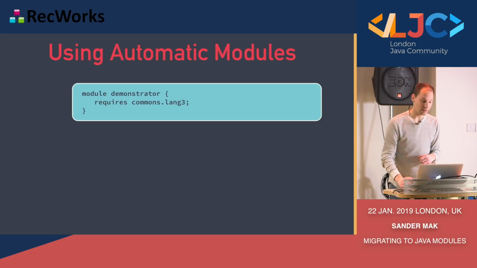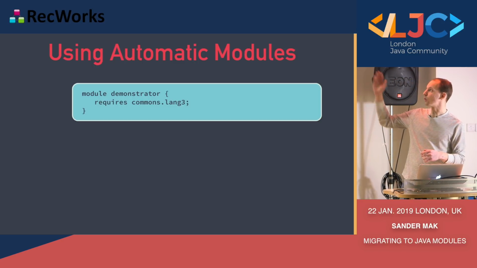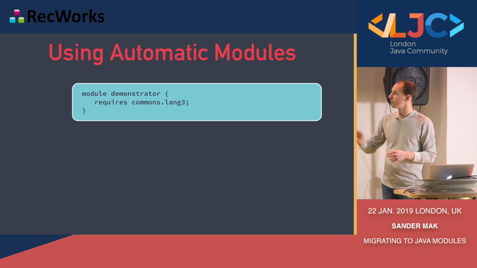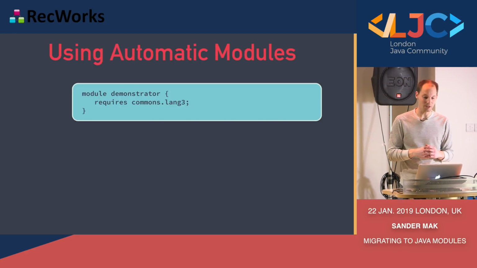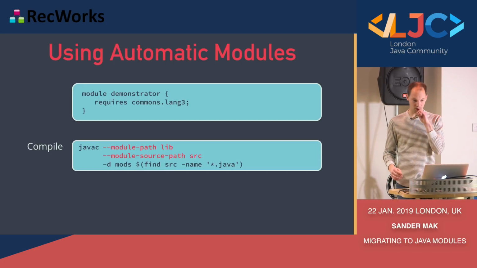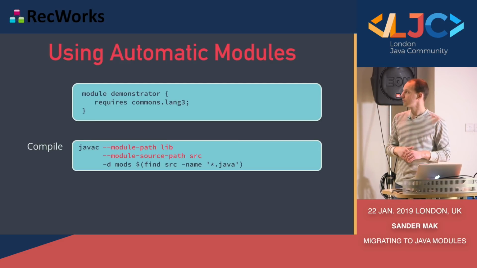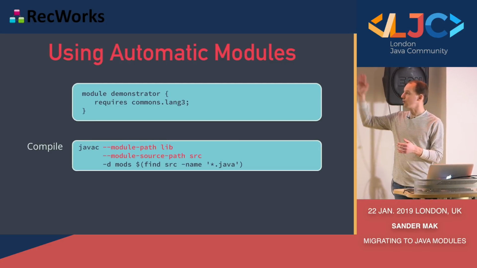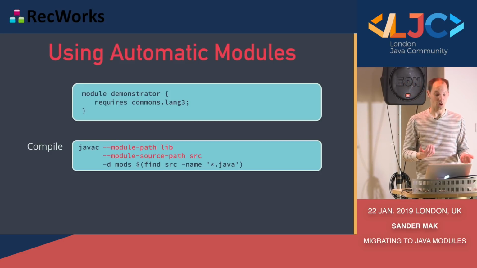So what would this look like in the simple example? Well, we could create a module descriptor with module demonstrator. It requires commons.lang3, which is derived from the jar file name in this case. And we can now compile with the module path and the module source path. So we compile our code as a module, and the commons.lang jar will be treated as an automatic module.